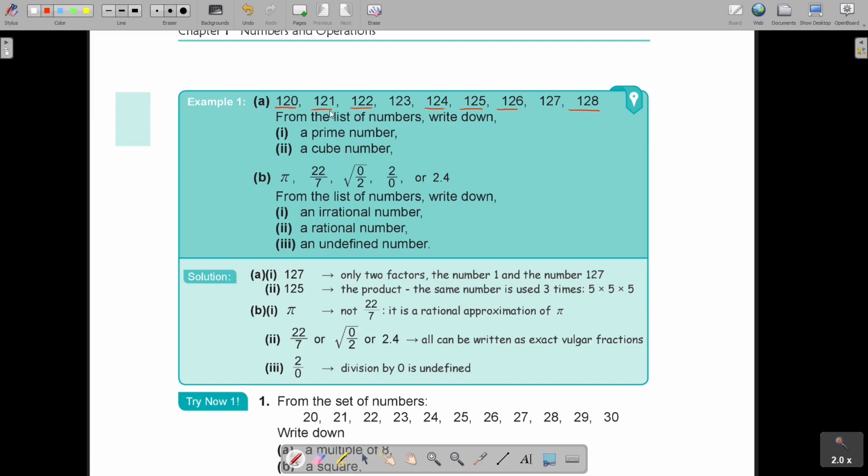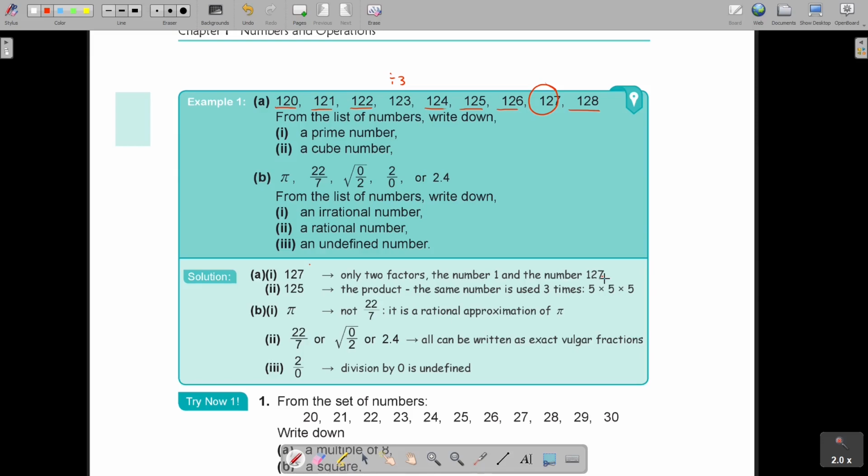So let's add again: 1 plus 2 plus 3 is 6. Do you see? So take your calculator, say 123 divided by 3, and you get 41. So you can also divide by 3. So the only one left is 127, because it only has the factors 1 and 127. A prime number.